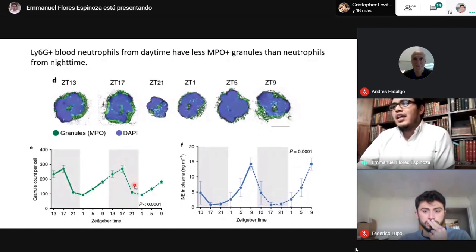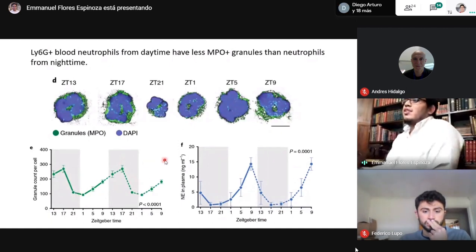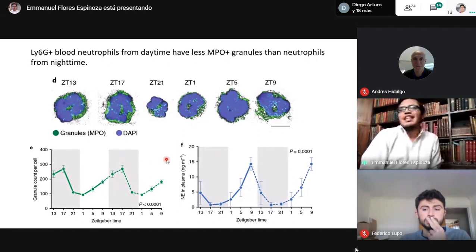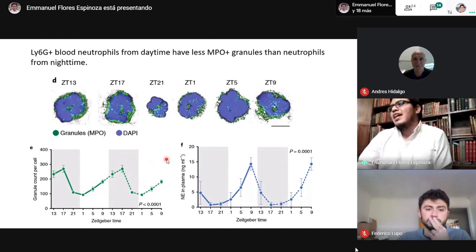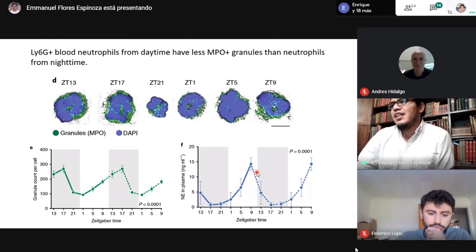And they also evaluated the concentration of neutrophil elastase in plasma, and they show that there is a peak in the concentration of this elastase in the day, and there is a valley in the night.